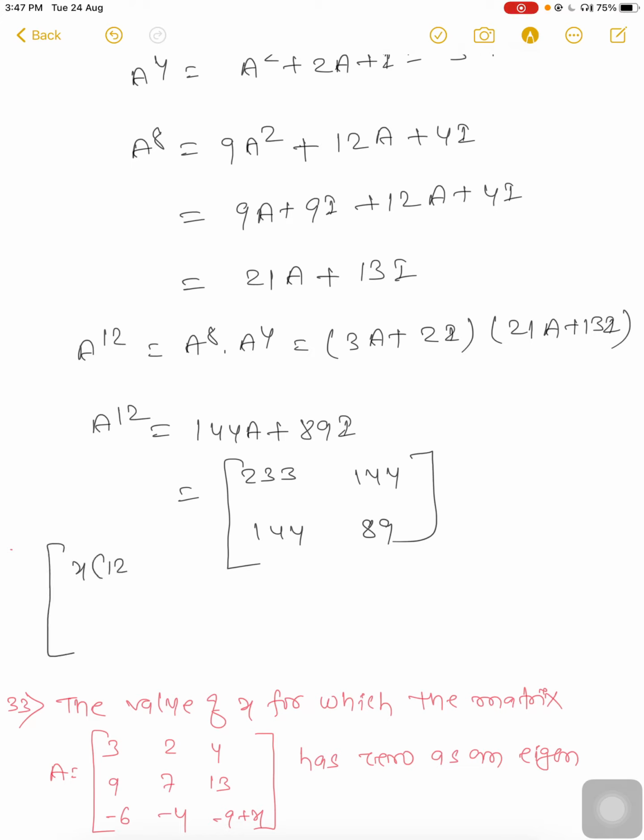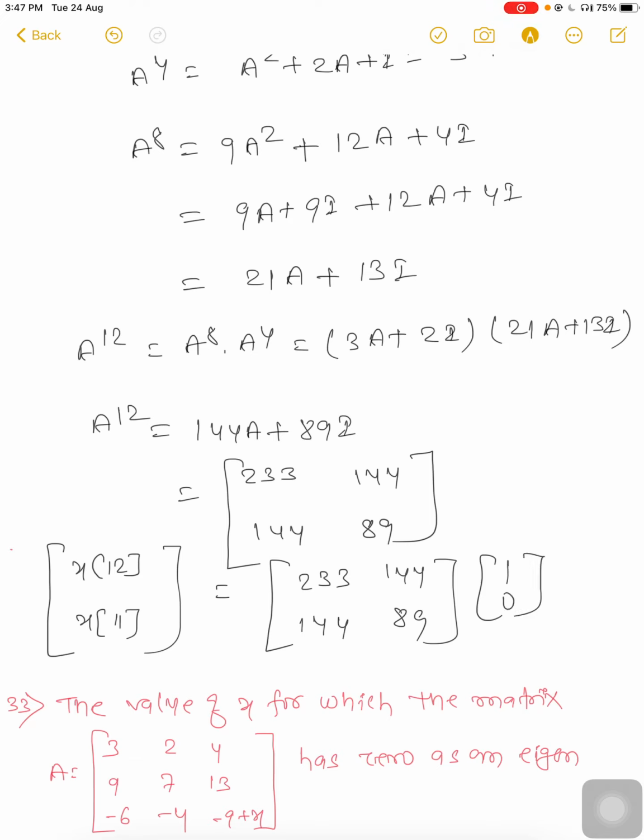And from here, the matrix is 233, 144, 144, 89, 1, 0 from the above equation.